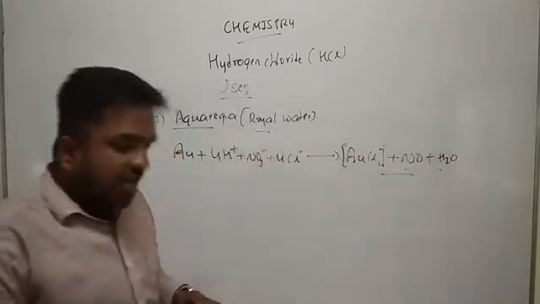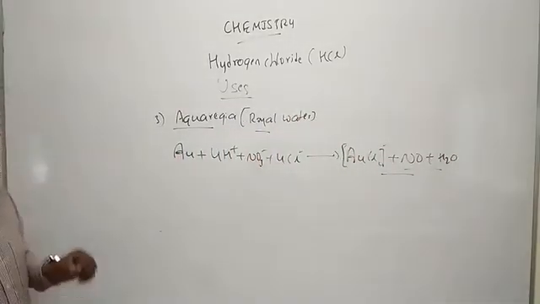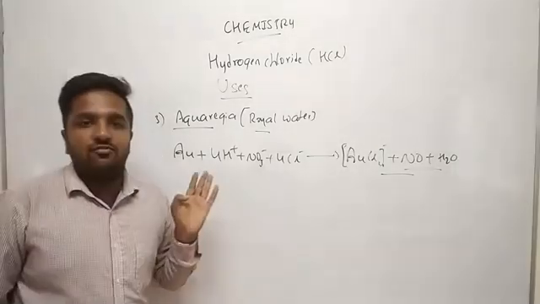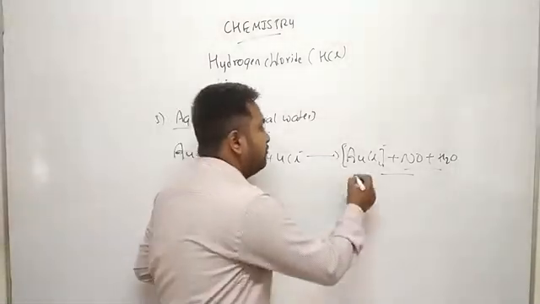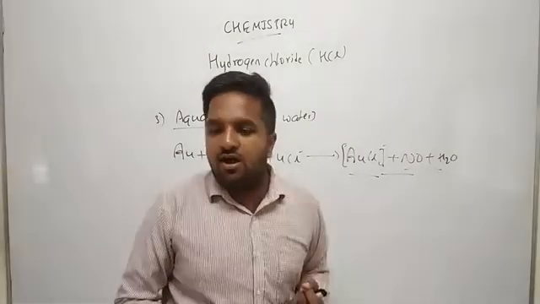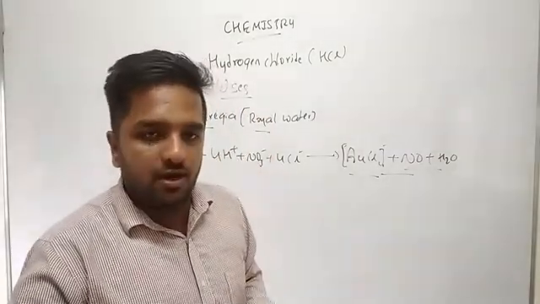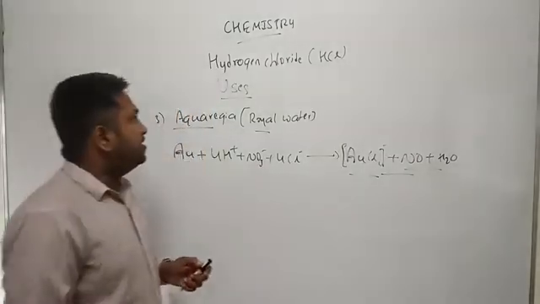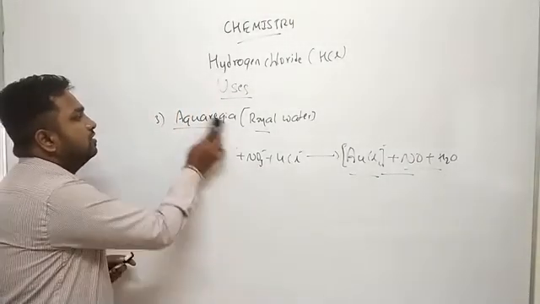So this is the reaction involved when the royal water is treated with gold. It forms AuCl4 minus. So this gold gets dissolved and that can be separated out. Clear, students? So this is the main use of hydrogen chloride.